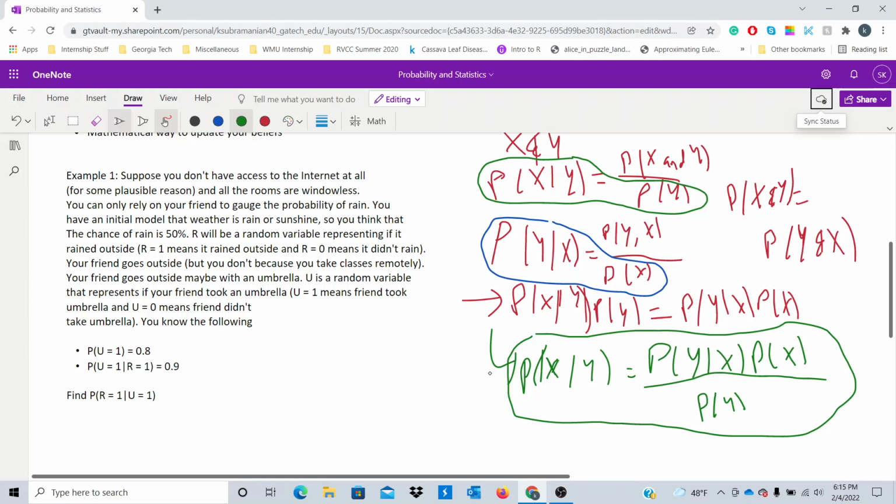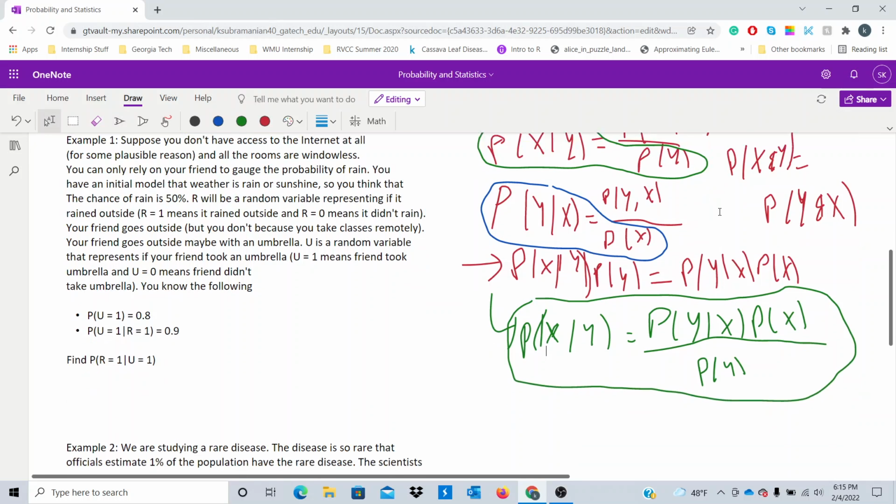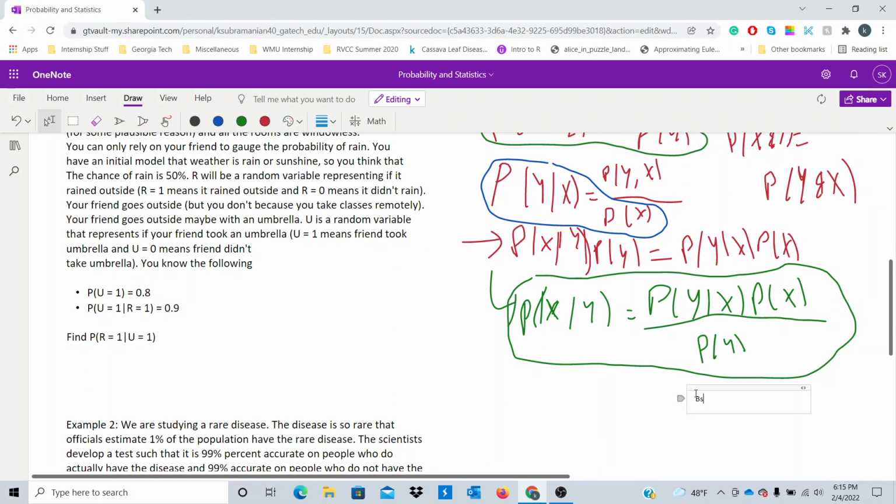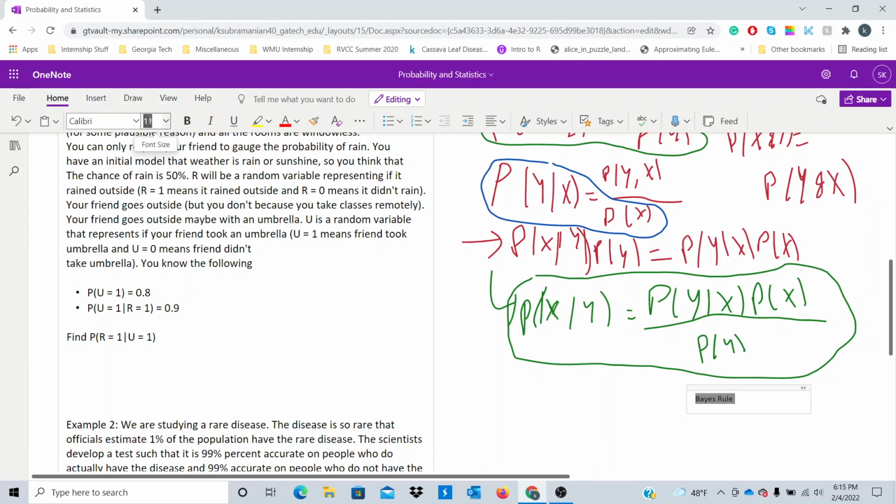So this is what we call Bayes' rule. And this is a very important rule that pops up within machine learning and lots of other disciplines. Even in the healthcare space, this rule actually pops up. So let me make this font big. So this, my friends, is what we call Bayes' rule.